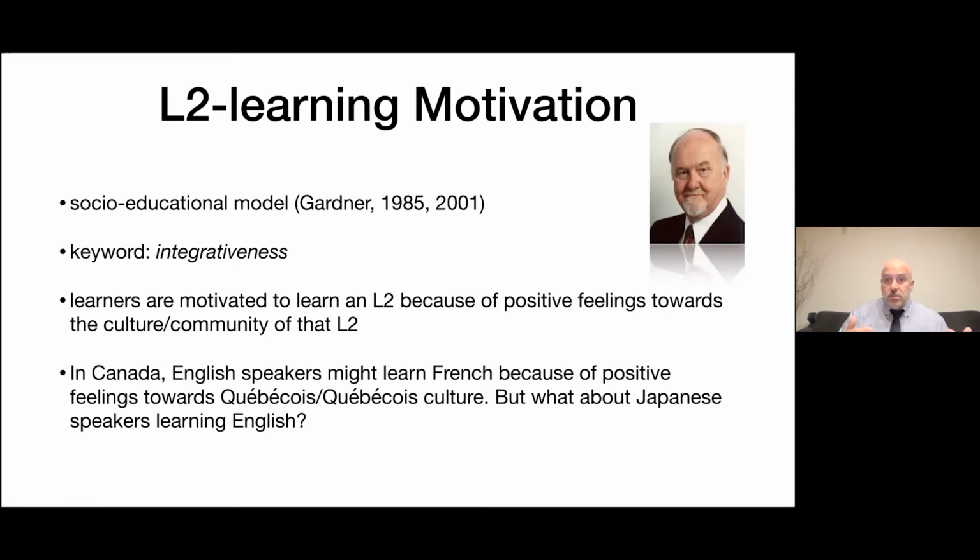But what about Hungarian speakers learning English? Or Japanese speakers learning English? To what culture do these learners want to integrate? If a Hungarian is learning English, to what English culture or community are they integrating? So the model begins to break down outside of Canada due to Canada's unique bilingual, bicultural history.